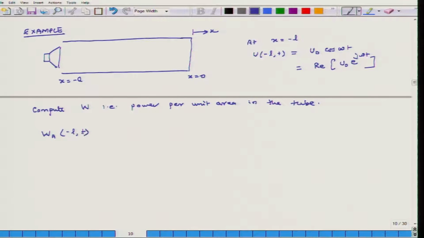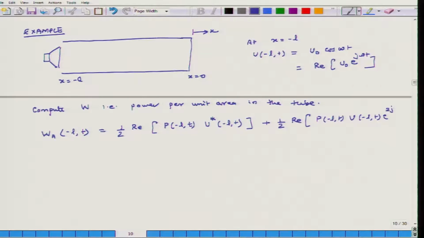At x equal to minus L, I am interested in finding this expression for power per unit area, which is half of the real part of P(minus L) u star(minus L), plus half of the real part of P(minus L) u(minus L) e^(j omega t).